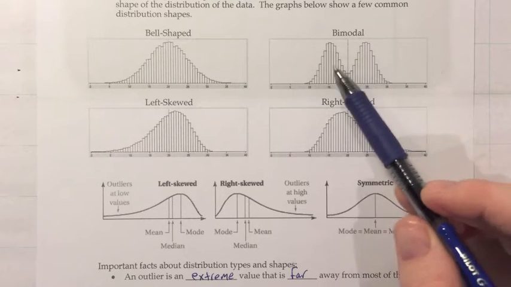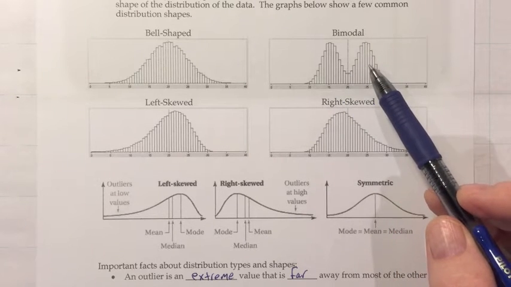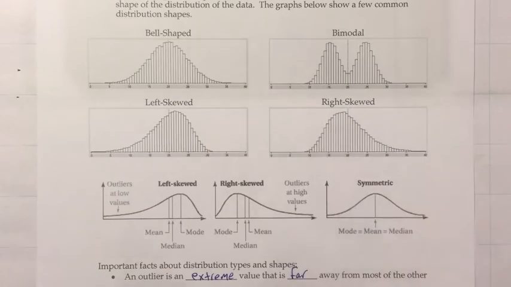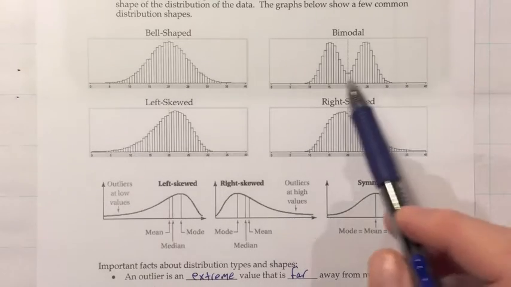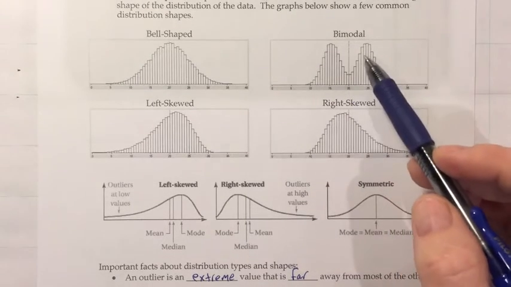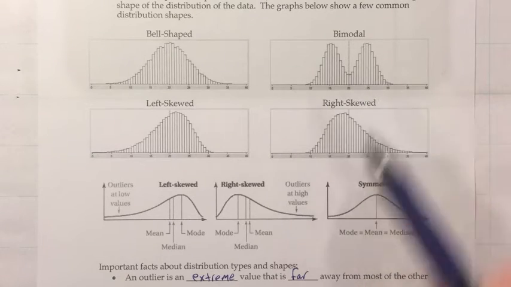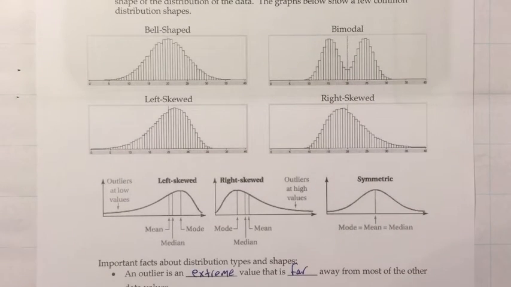That will not always be symmetrical like this because there might be more men or more women in your population, and that could affect which of the bars is taller, but this is what it would look like perhaps if they had the same amount of men and women. A lot of times when you have two peaks, you think there's probably two populations blended into one, like men and women blended together for the category of people.